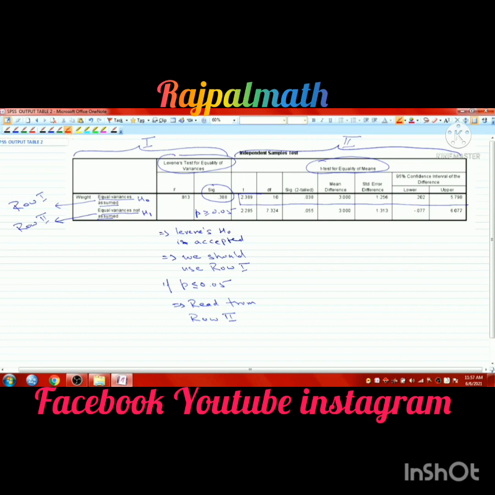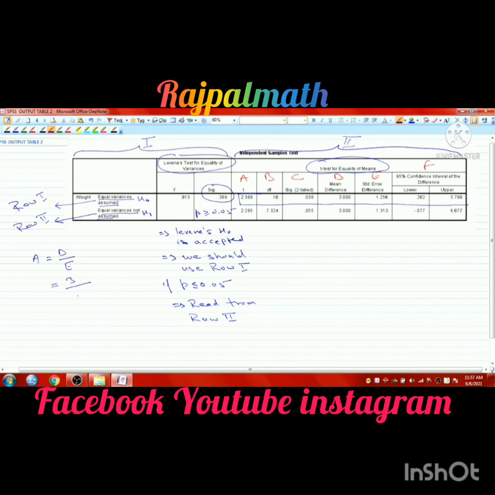Name the columns as A, B, C, D, E and F for better understanding. Here column A is the T stat, the statistical value of T, where A equals the ratio of mean difference and standard error difference.